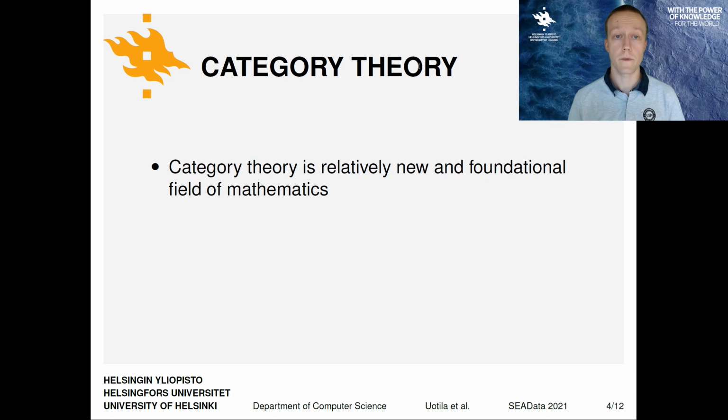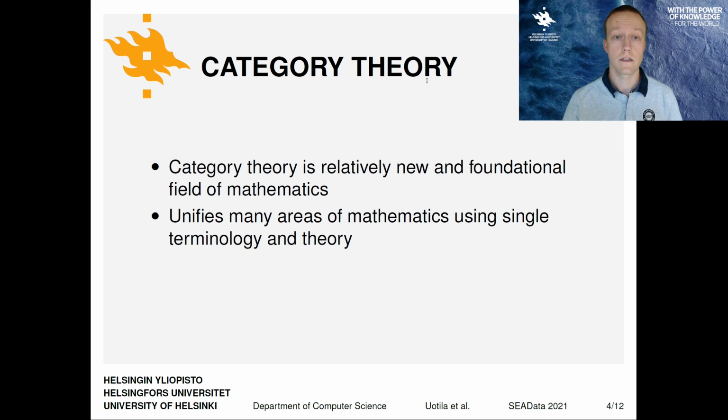Another big topic in our work is category theory. So what is category theory? Saunders Mac Lane and Samuel Eilenberg introduced categories in the mid-40s as a mathematical tool to study algebraic topology. This makes it a relatively new field of mathematics, but it has been very successful.